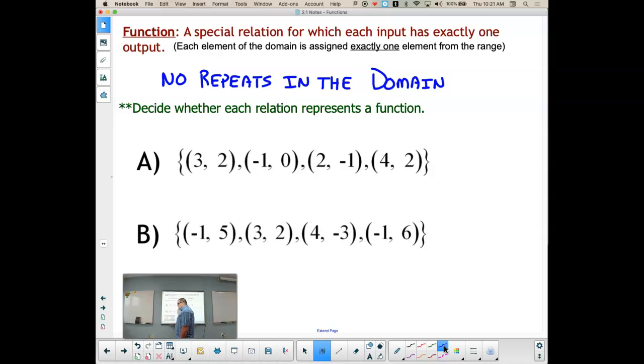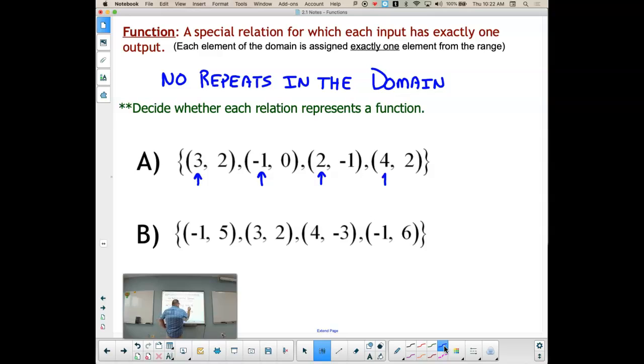So let's look at these two different relations and decide if they are functions. What we need to do to decide if a relation written in point form is a function or not is look at the x values of each of the points.